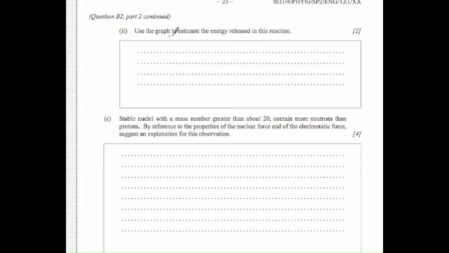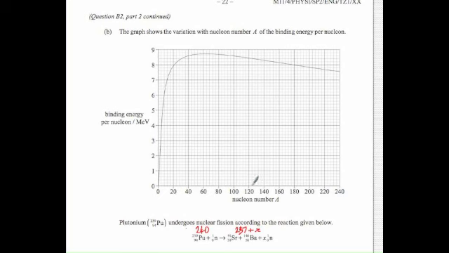And then we want to use the graph to estimate the energy released in this reaction. So using the graph, we need to find where, firstly the plutonium and then the products lie. So the plutonium has a nucleon number of 239, so the plutonium is here. The strontium-91 is here, and the barium-146 is around here.